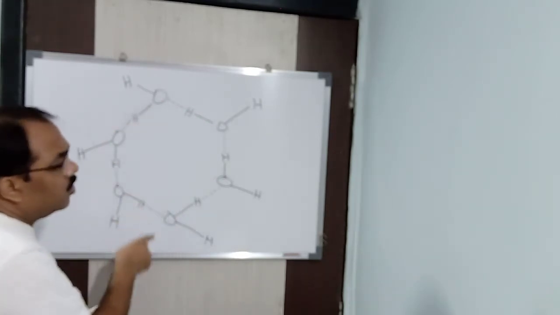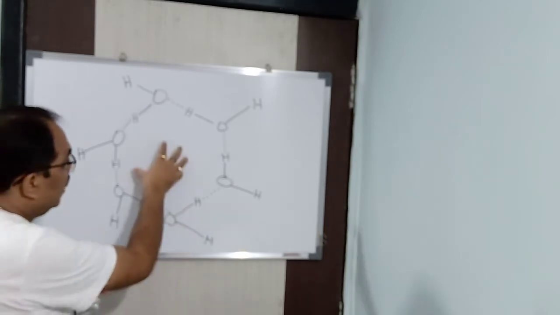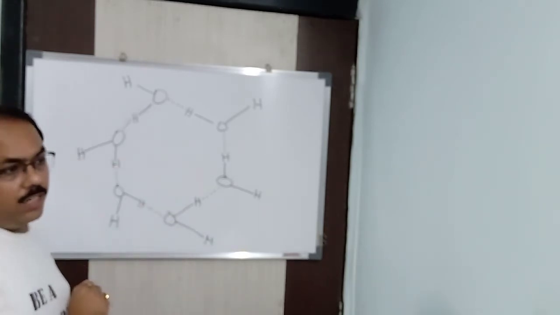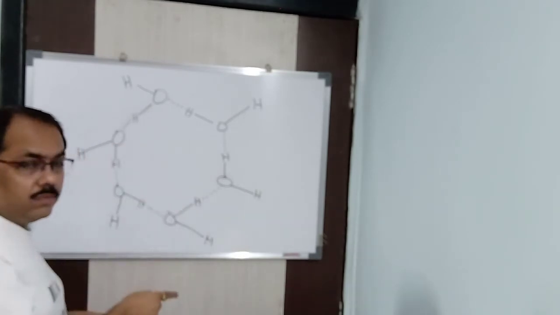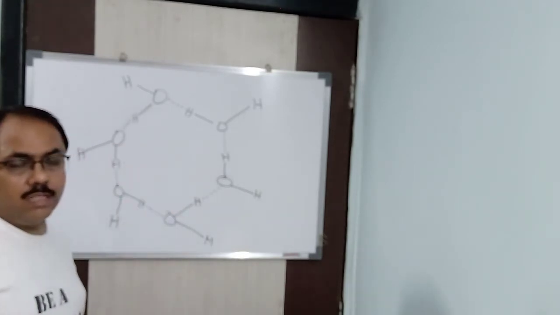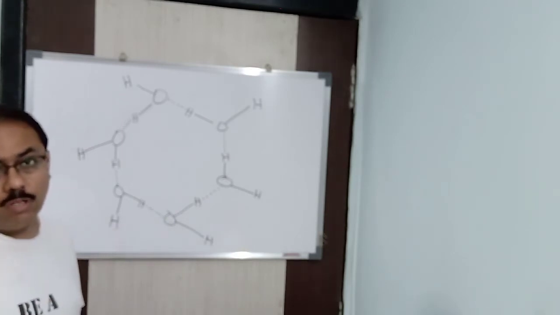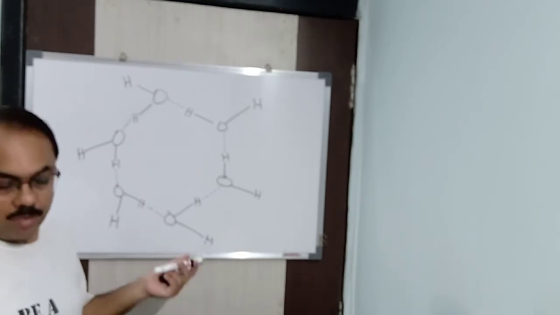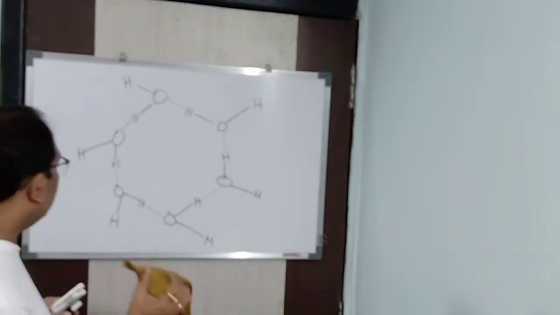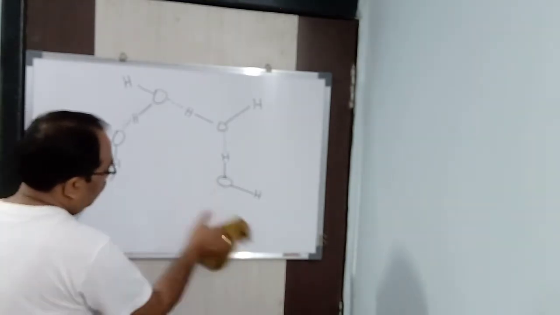Because when water freezes to form ice, it forms a cage-like structure, due to which the inner part is hollow. When volume increases, density decreases, because density is inversely proportional to volume, and hence ice floats in water. This is the reason. Clear?